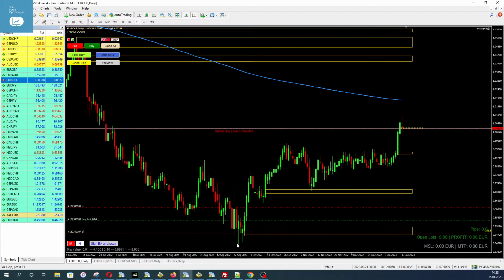It's an H4 demand zone. The reason for this is simply because I think the reaction could come a little bit higher than this demand zone. If we look back in history, we already had a support here, and so I decided to place my pending order around this area.